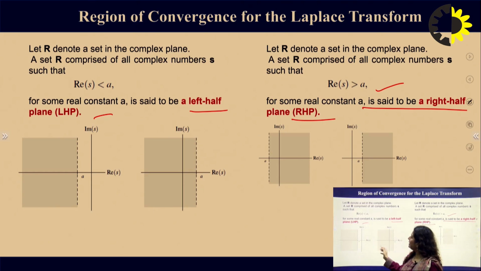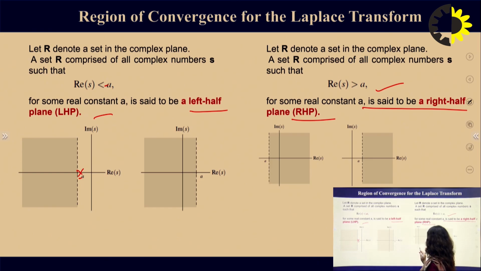You can see from the figure also that a is the pole, and we are just drawing, it must be minus a. We are just drawing real of s less than minus a, and less than minus a is basically left half plane, and in the case of real of s greater than a, it is right half plane.